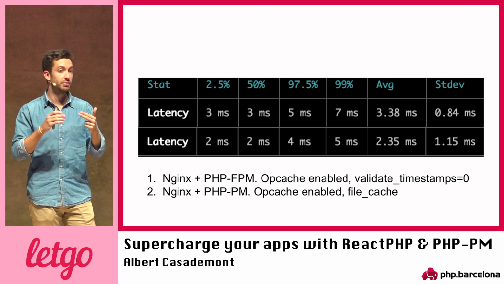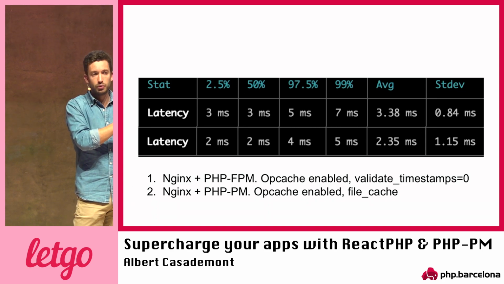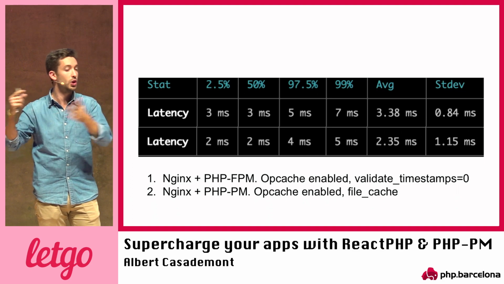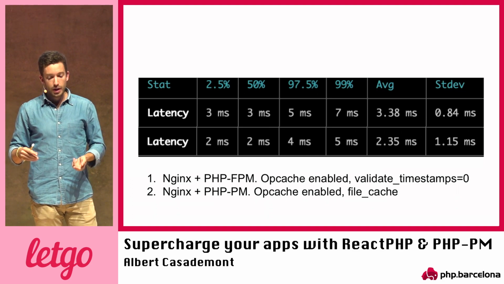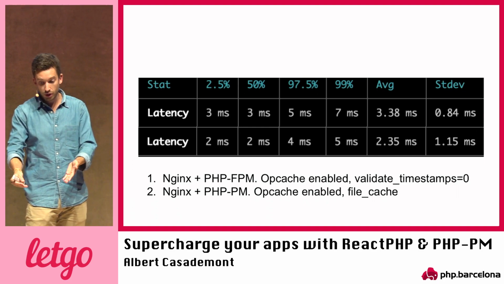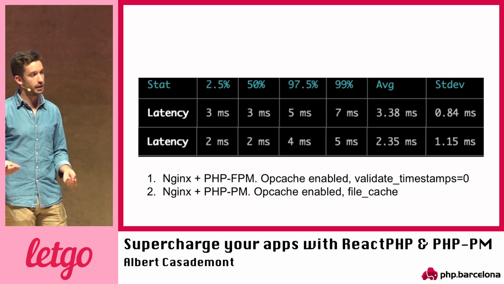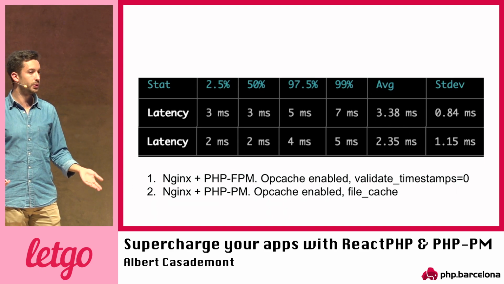Or it might even be worse, because there's some processing that PHP-PM needs to do for you, and that might be offsetting what you gain from not autoloading and recycling the dependency injection container. So again, it's faster. In percentage, it's quite a lot faster, but in absolute terms, it's not that fast, okay? But again, measure it, know what you're doing.